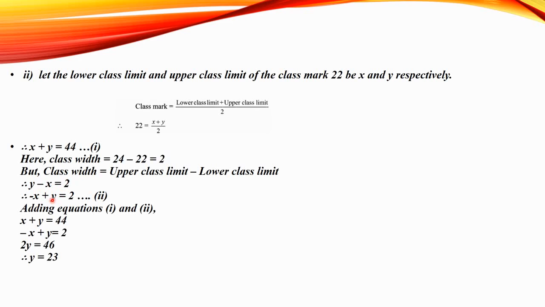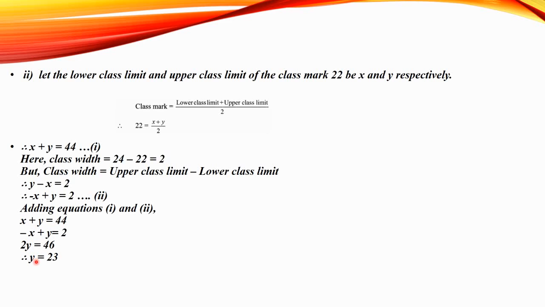Interchanging the position of x and y, we get minus x plus y is equal to 2. So x plus y is equal to 44 is equation number 1, and minus x plus y is equal to 2 is equation number 2. Solving both the equations, x and minus x will cancel. y plus y is 2y, equal to 44 plus 2, that is 46.